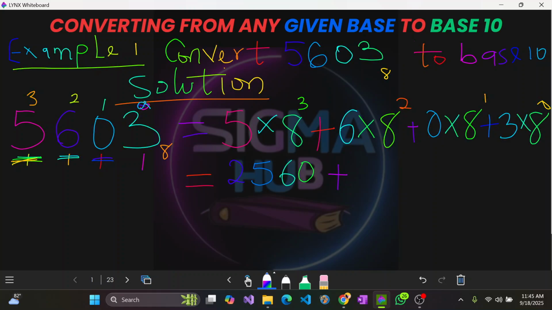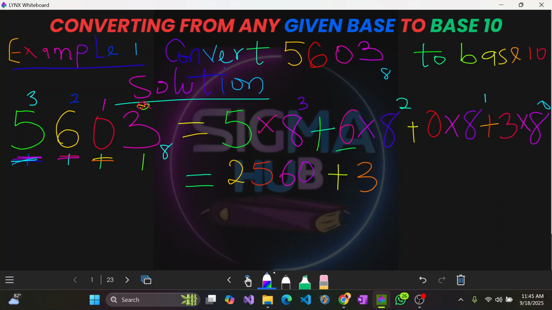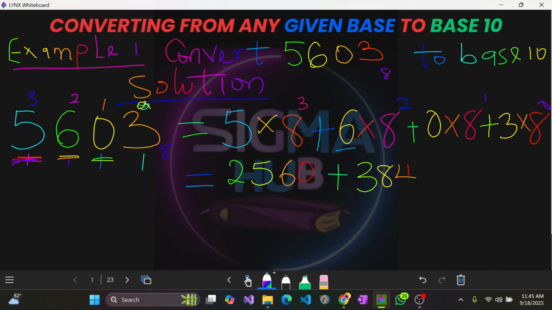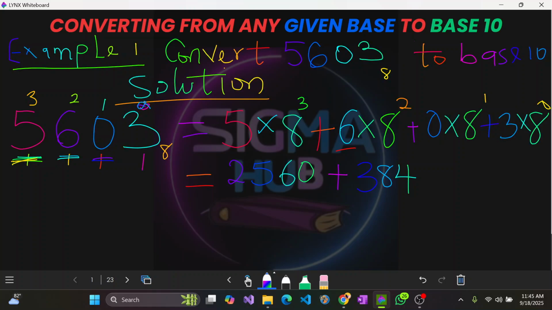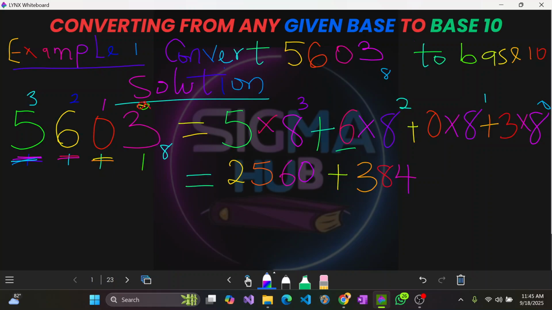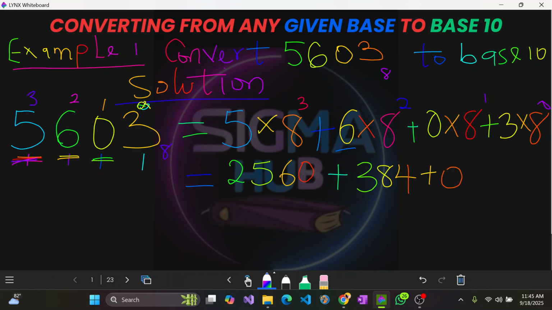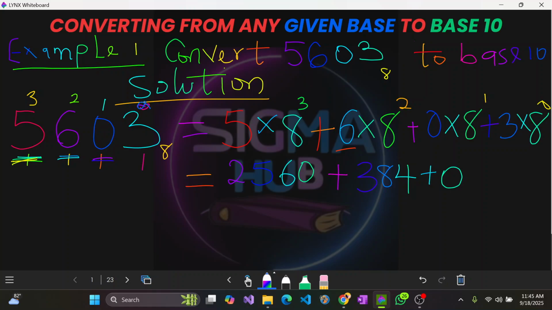Then 64 times 6 is going to give us 384. Of course, when you have 8 raised to the power of 1, which is still 8, then 8 times 0 will still give you 0, because anything multiplied by 0 still remains 0.